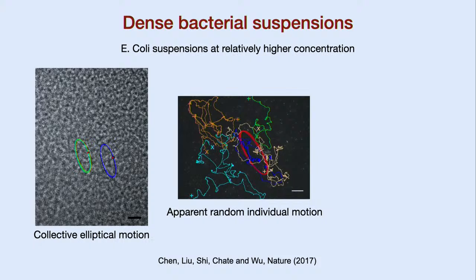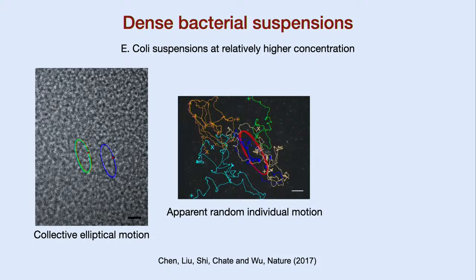Interestingly, if you look at the trajectory of individual cells, they are still random, although the tracer particles still perform this elliptical motion. That means that this comes as a collective dynamics, collectively the hydrodynamic flows and all that. So we can see that the hydrodynamic flows will have a big impact on it.